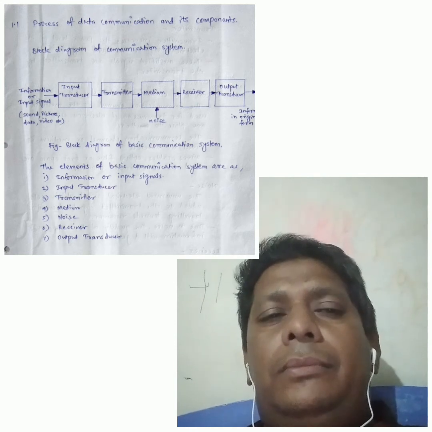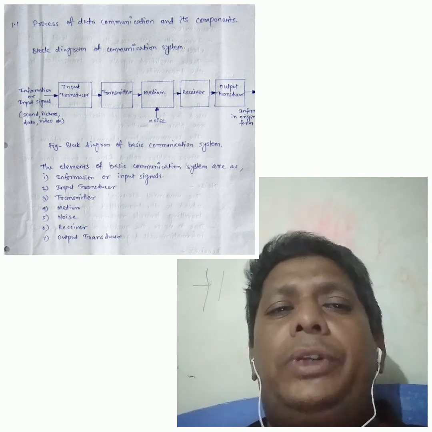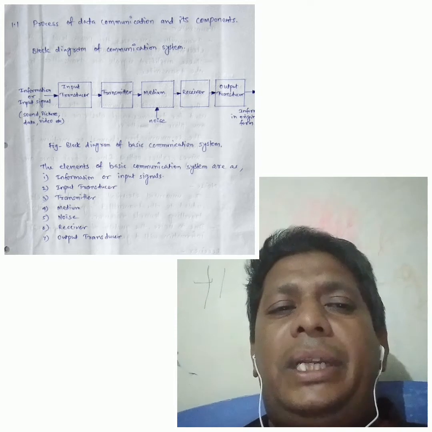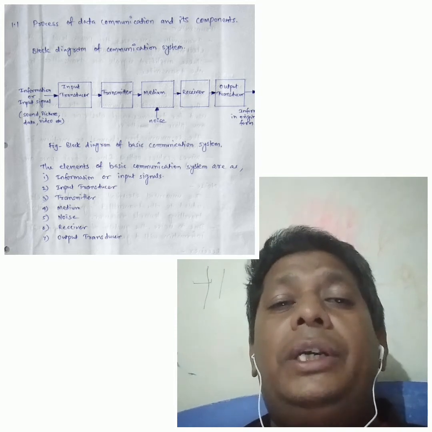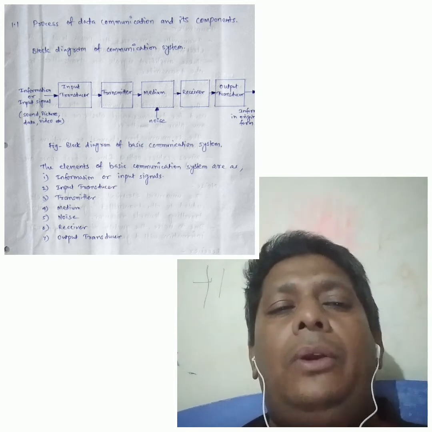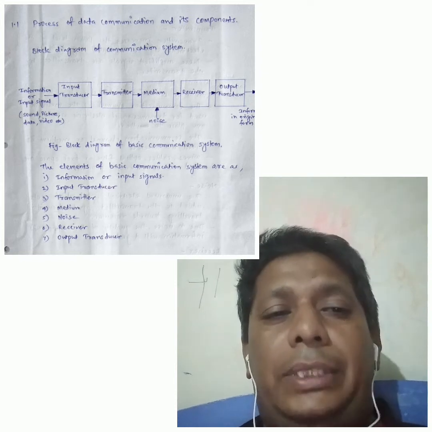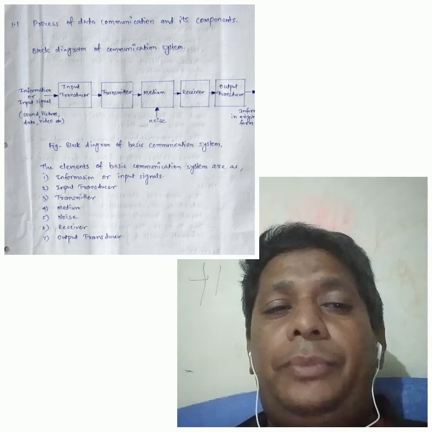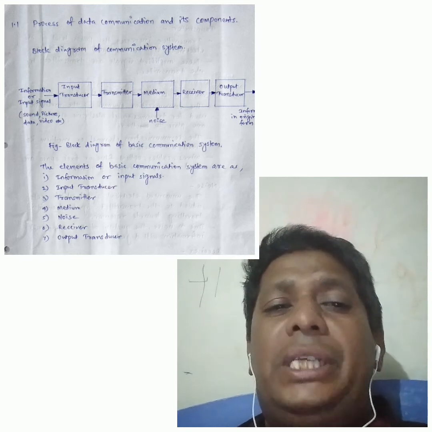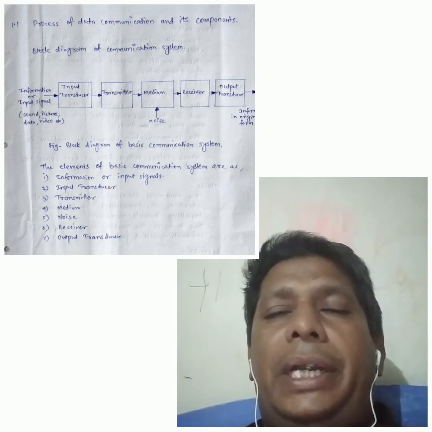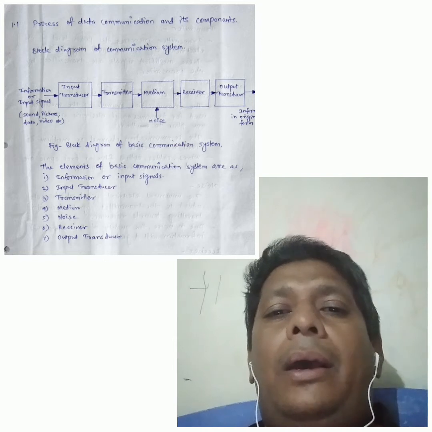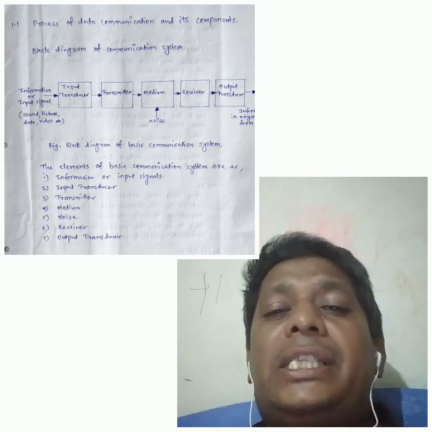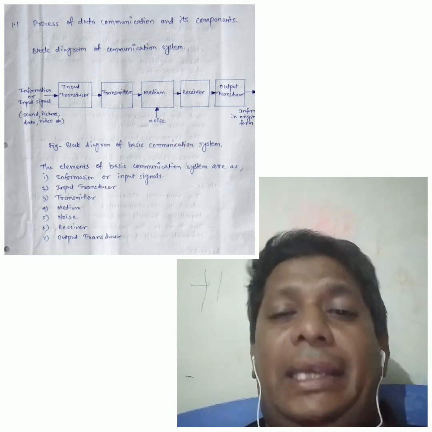So, this input signal or information is provided to the input transducer. Why is there a need to send the information or signal to the input transducer? The information, which is in the form of sound, picture, data, video, etc., cannot be transmitted as it is.